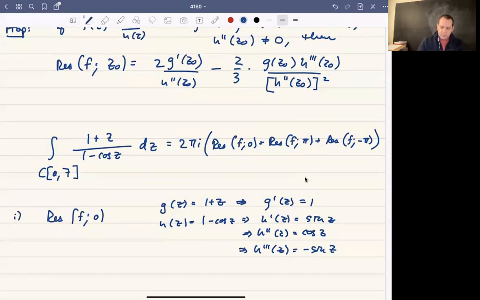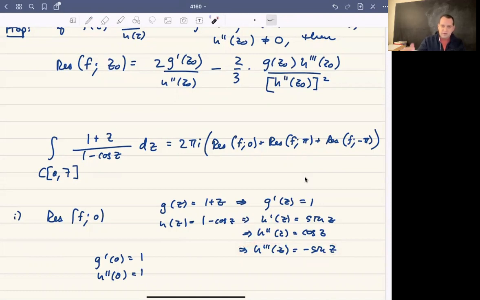Now let's look at what each of these are. What's g prime of 0? g prime of 0 is going to be 1. g prime of anything is 1. And h double prime of 0 is going to be 1. And h triple prime of 0, notice that that's just going to be negative sine of z.